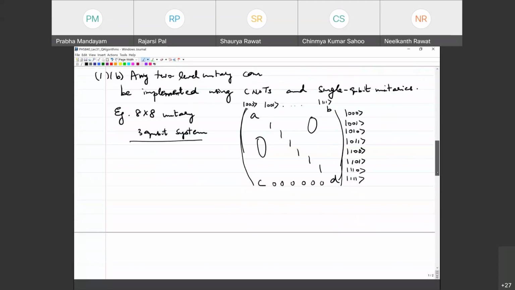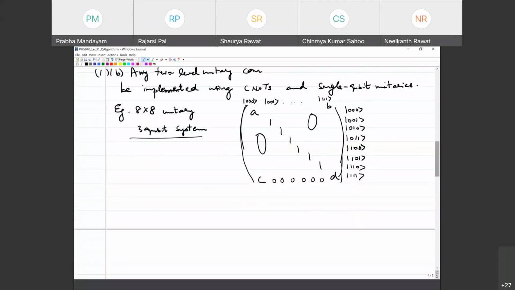So now, these matrix entries correspond to these states. You're writing it in this basis. So which are the two states on which this unitary is acting non-trivially? Can you tell me? First and eighth. Correct. So that is basically the 0, 0, 0 and the 1, 1, 1.